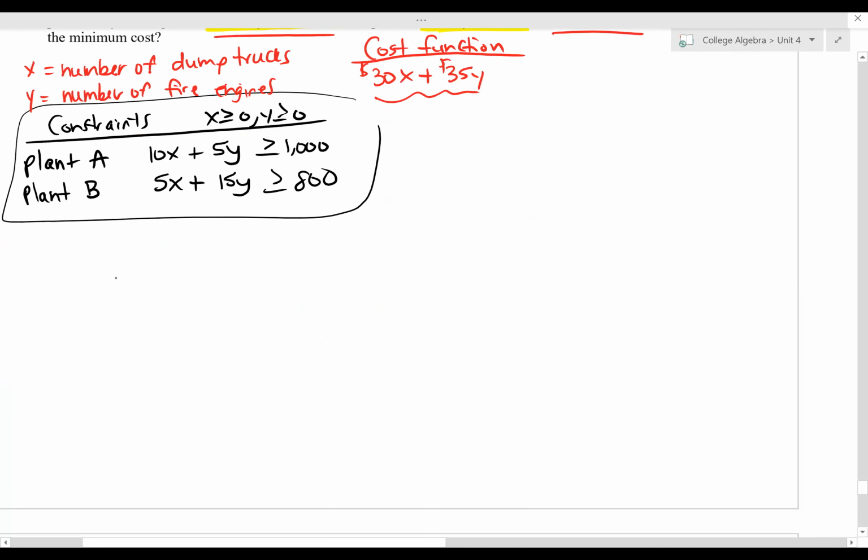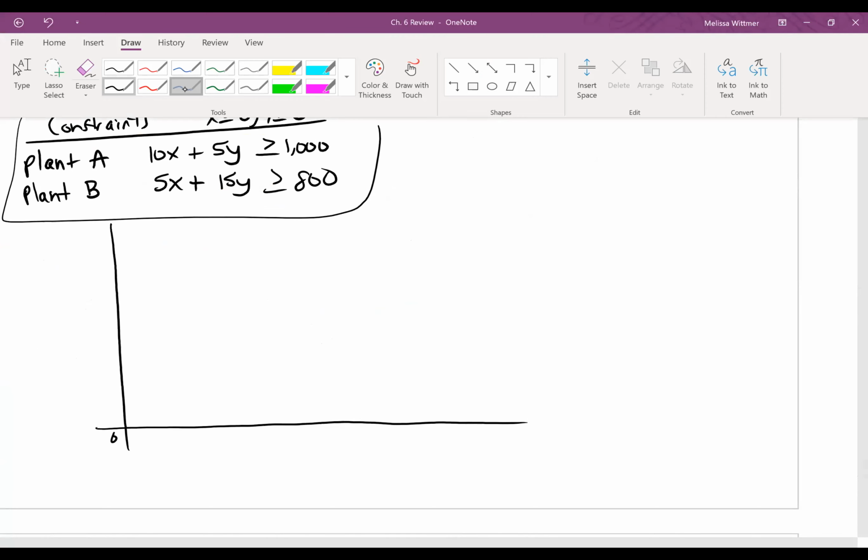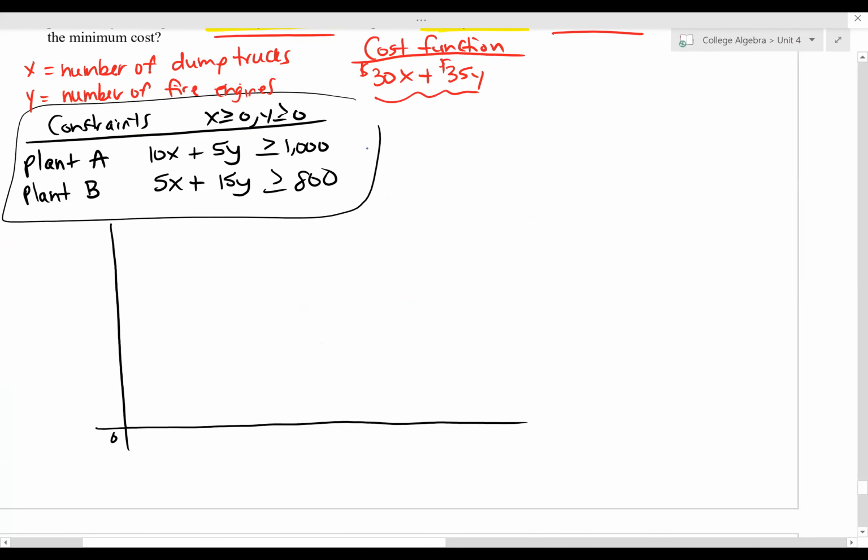So setting up the first quadrant again, let's go back and find my intercepts. For the first equation, the x-intercept would be 1,000 divided by 10, which is 100, and the y-intercept would be 1,000 divided by 5, which is 200.